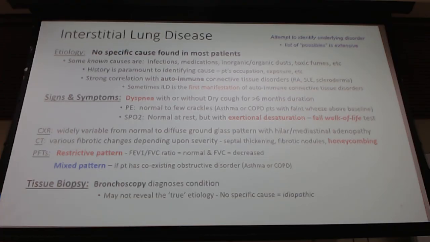And this may be the first manifestation of that. It may present with respiratory symptoms. So dyspnea, this is going to be the main one. It's not necessarily going to be wheezing, but the shortness of breath, that's what patients are really going to come in complaining of.